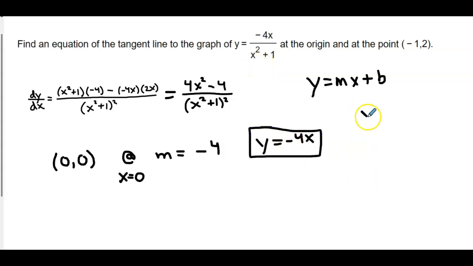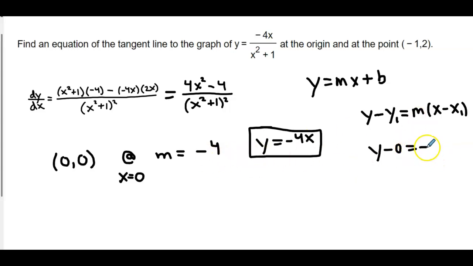Another option people use, if you have the slope and a point, to get the equation of a line, is what's called point-slope form, which looks like this, where x1 and y1 are just the coordinate points given. So I could say this is going to be y minus y1, which is 0, equals m.